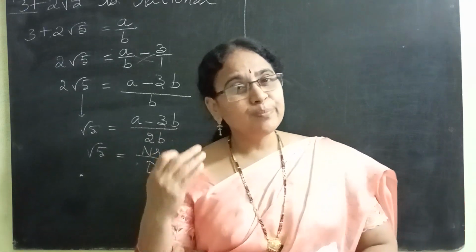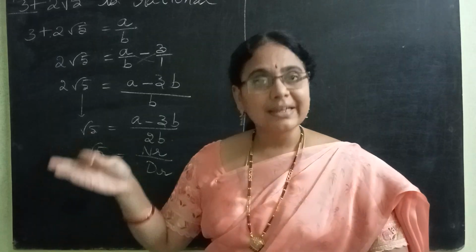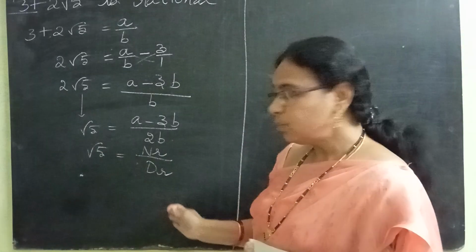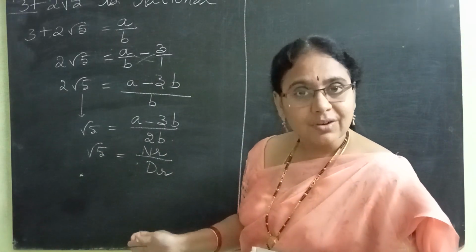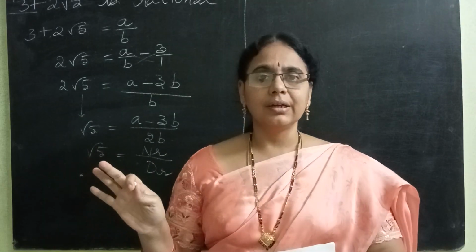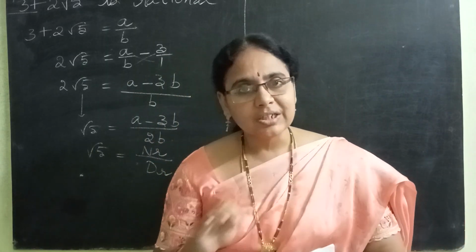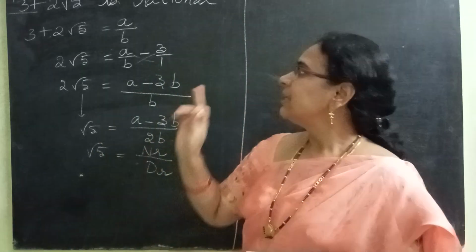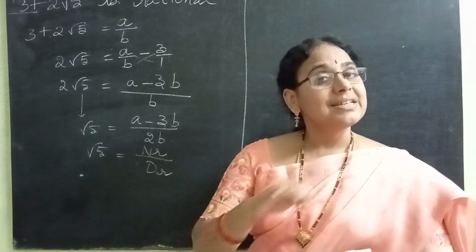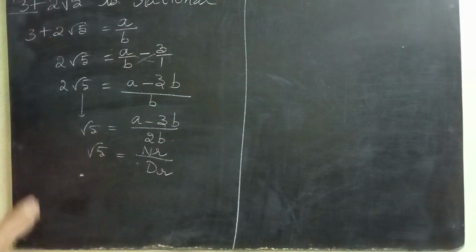But already we proved that root 5 is irrational. But what are we getting here? It is rational. Is it possible? No, not at all. That means what we assumed is completely wrong. That means 3 plus 2 root 5 is not rational, it is irrational.